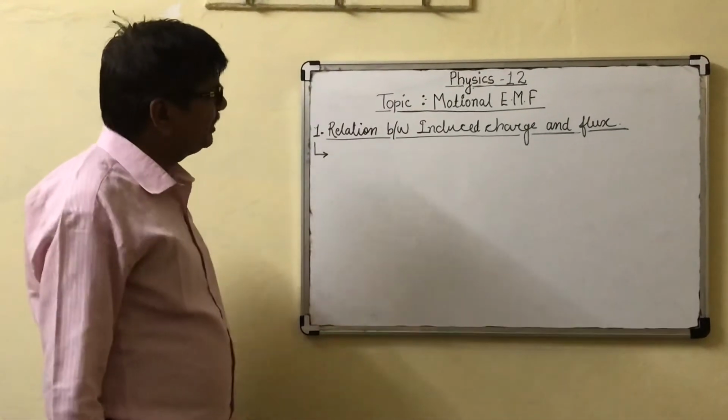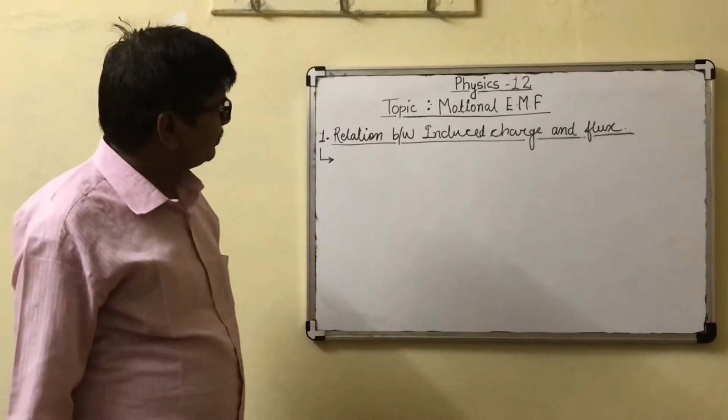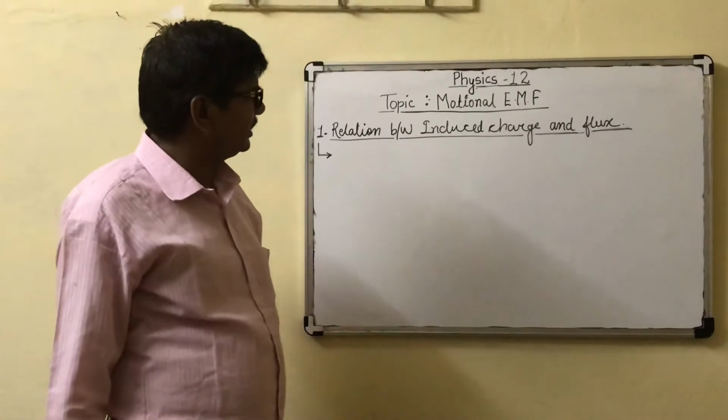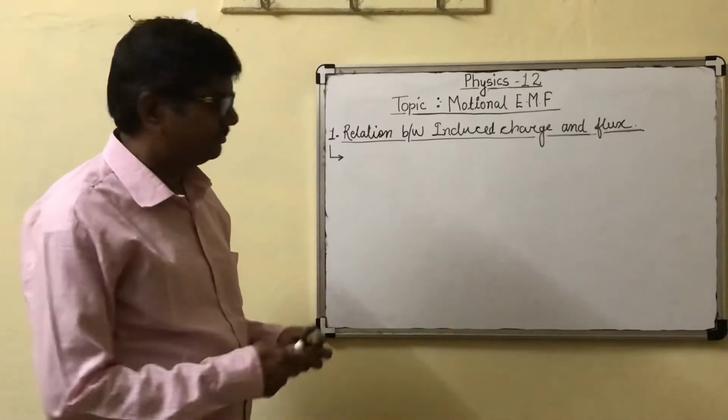So motional EMF means the EMF induced across the ends of a conductor due to its motion in a magnetic field is called motional EMF.